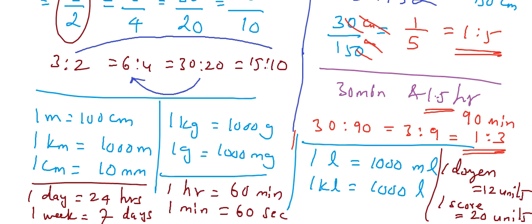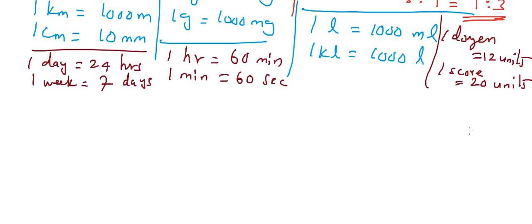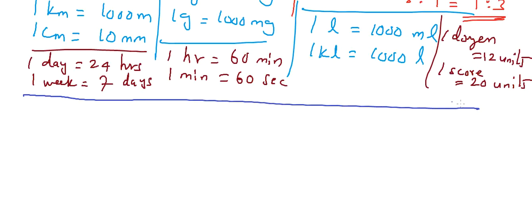But again, the terms of the ratio can be fractions also. So for example, 3:4. Okay, this can be written as 3/4:1 if you divide each term by 4.